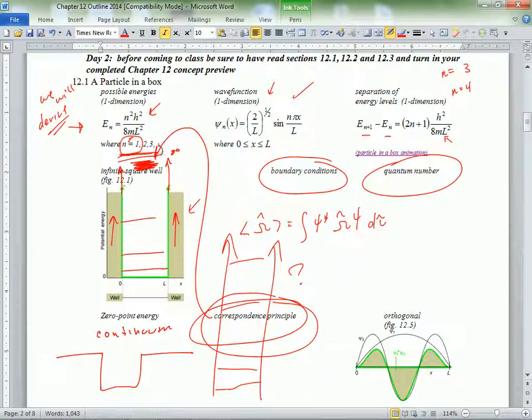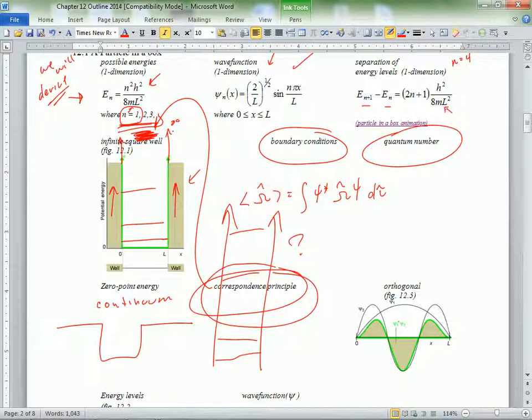If someone could explain that to me, that'd be awesome. You're saying the energy levels are so close together you can't tell the difference, but they're getting farther apart. So I don't get it. That's something I'm still trying to figure out. But anyway, let's just keep going here.